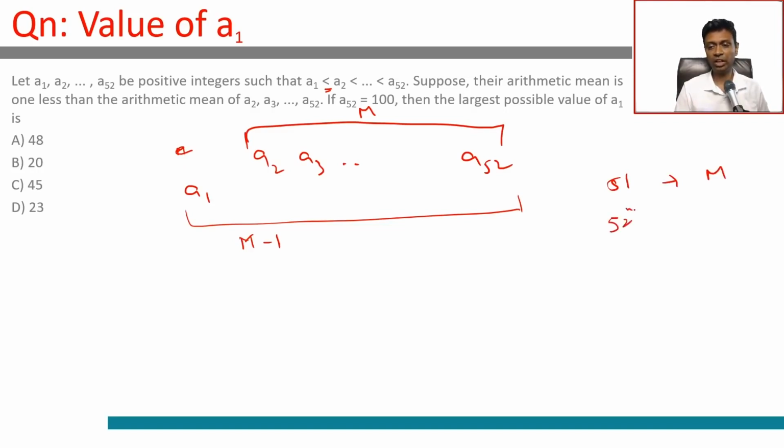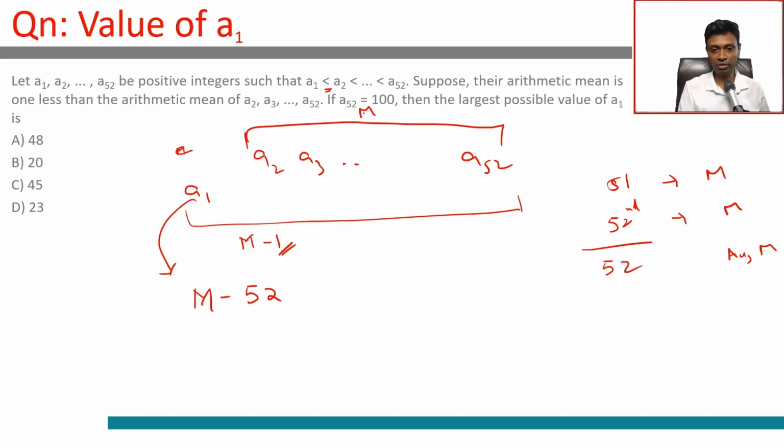The 52nd, if that were also m, then all 52 average would be m. That's not the case we have here. The case we have here, the average falls by 1. That means the total should have fallen by 52. The average falls by 1. It's like you've taken 1 from each of these 52 entities. So that tells us our a1 should be m minus 52.